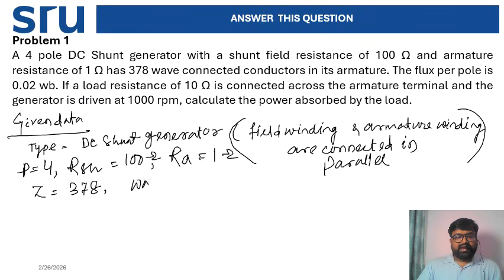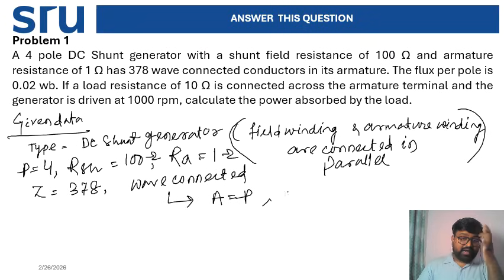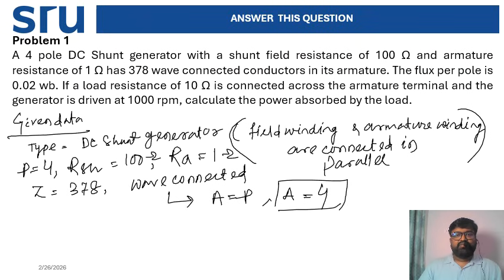In wave connected, we understand that the number of parallel paths equals the number of poles. And how much is the number of parallel paths? Pole number is given as 4, so the number of parallel paths is 4.